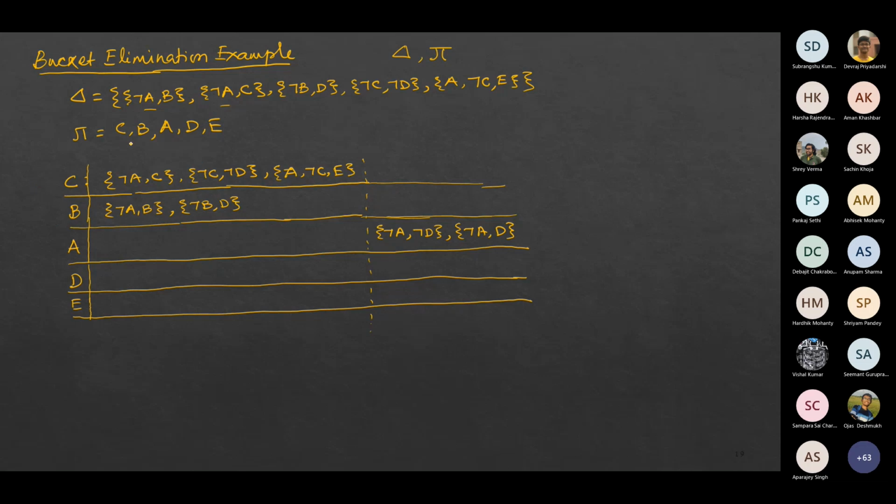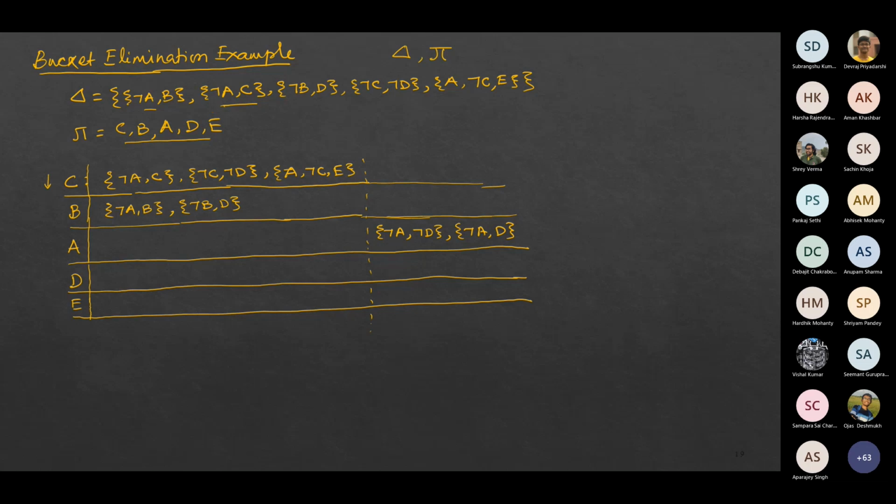The order in which we have specified the variables, we will create the buckets and try to populate the buckets based on its appearance in different clauses, right? So for example, in this clause, C is appearing here, so that's why this will be going to the C bucket, not the A bucket, though A is also present here.